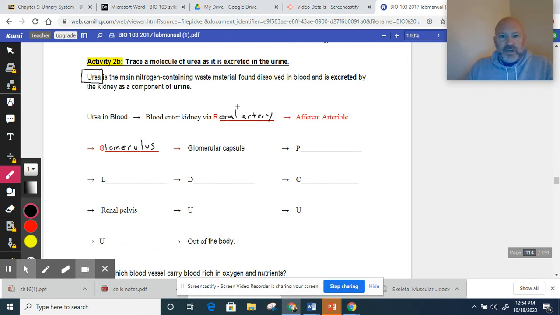From the glomerular capsule, we go to the PCT, the proximal convoluted tubules. And that's going to send us through the loop of Henle. And then into the DCT. And then the urine leaves the DCT and drains into the collecting duct.